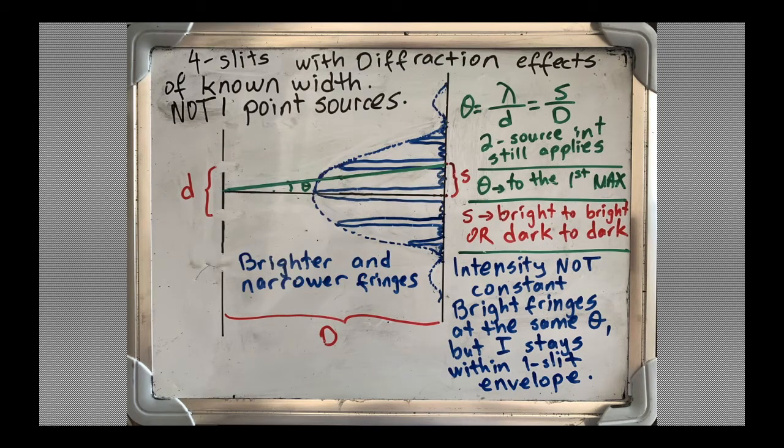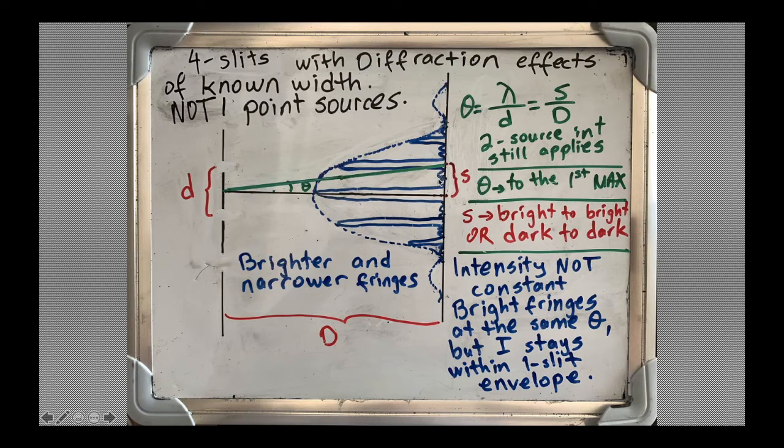If I increase the number of slits centered around the same point, the calculation wouldn't change. So again, the locations of the maxima would be the same, but when we increase the slits of equal width and equal separation, we would have brighter and narrower fringes as we increase the number of slits. So this I just showed you with 4 slits here.